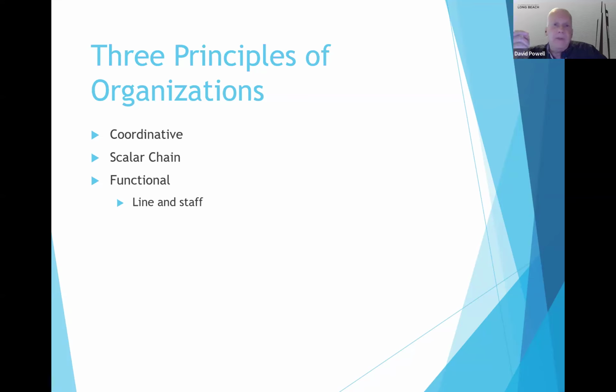But again, it's really this functional principle that is the most important one, because this is what Mooney is best known for. Still today in our organizations, we still make this differentiation between a line employee and a staff employee. Line employee who's actually doing the production of that good or service, interfacing with the clients, the beneficiaries, and the staff employee who will be providing the resources to make that line person's job possible.